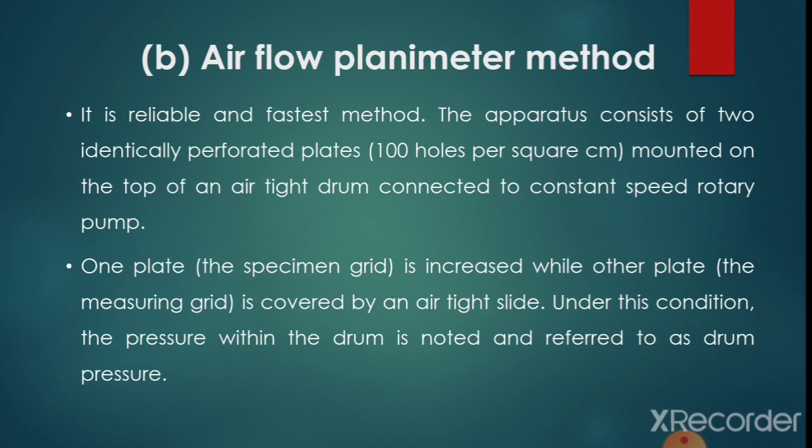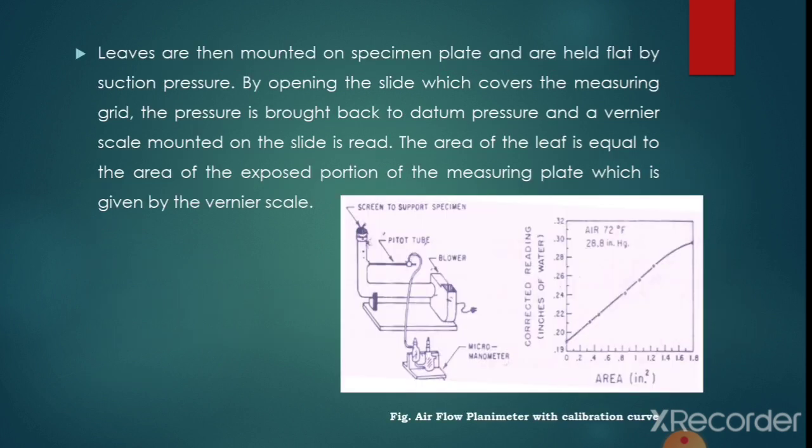The specimen plate is exposed while the measuring plate or measuring grid is covered by an airtight slide. Under this condition, the pressure within the drum is noted, and this pressure is referred to as the datum pressure. Then leaves are mounted on the specimen plate. Why do we call it a specimen plate?